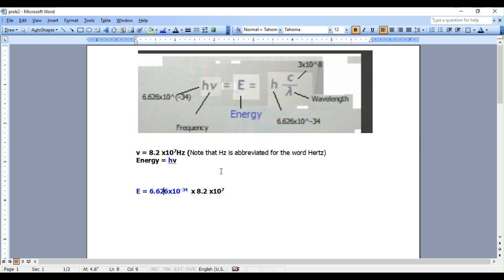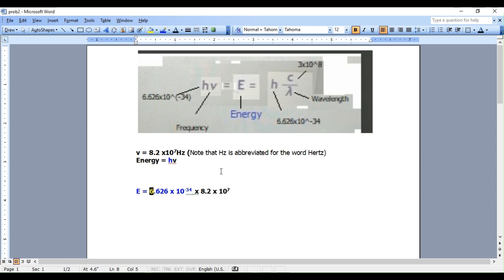I've got two numbers with exponents with the same base, 10 to the negative 34, and then also times 10 to the positive 7. When you multiply exponential numbers with the same base, you just add the exponents. So let's clean this up.